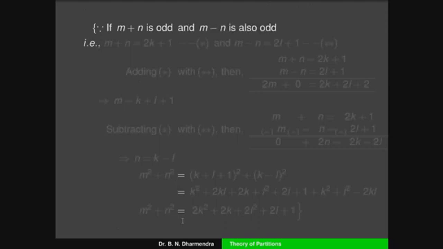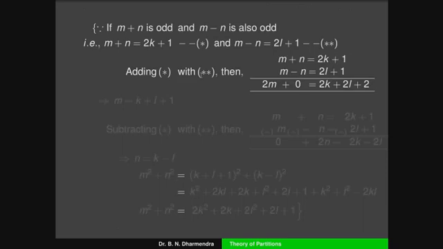So using that, m plus n equals 2k plus 1, and also m minus n equals 2l plus 1. We can call this one star and this one double star. Adding star with double star, m plus n equals 2k plus 1 and m minus n equals 2l plus 1.